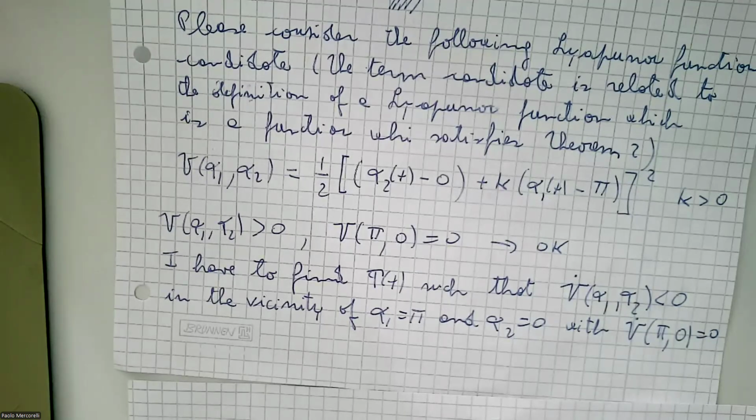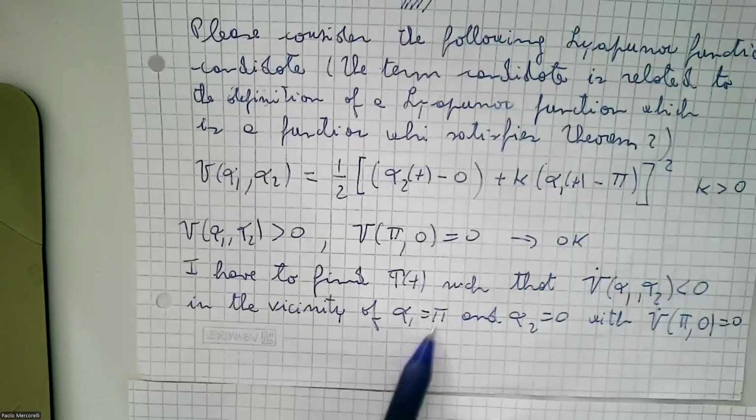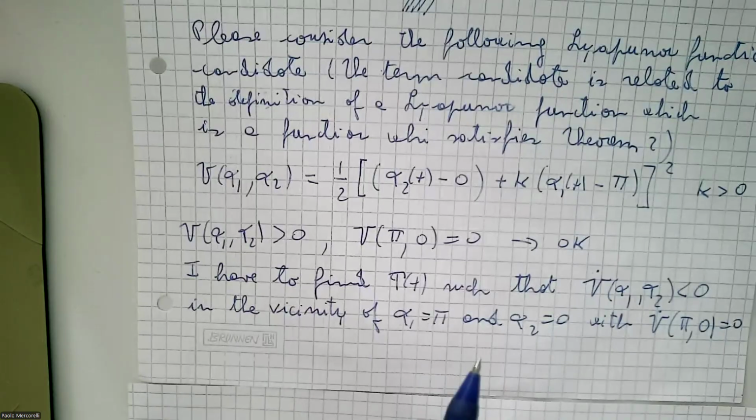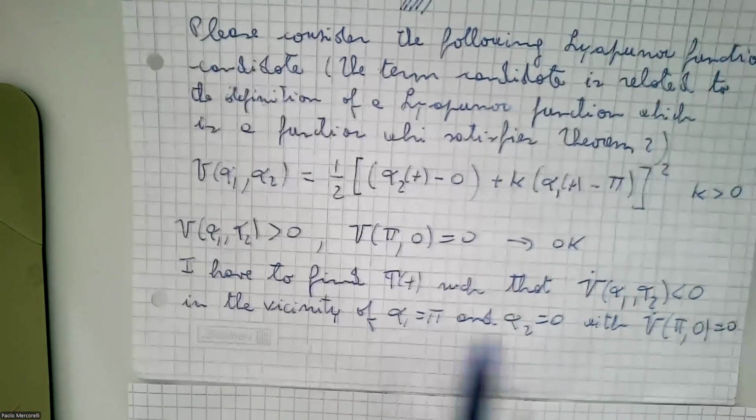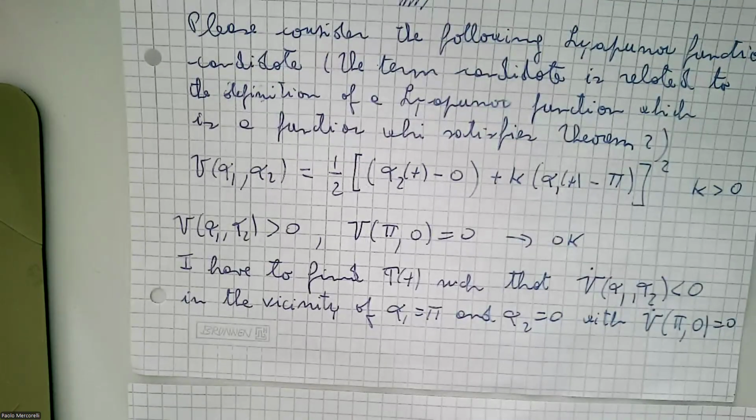The theorem says close to this equilibrium point. Please, the equilibrium point is characterized by both conditions, alpha 1 equal pi and alpha 2 equal 0. We will see this is automatically guaranteed, or almost. Let me show you what I intend.